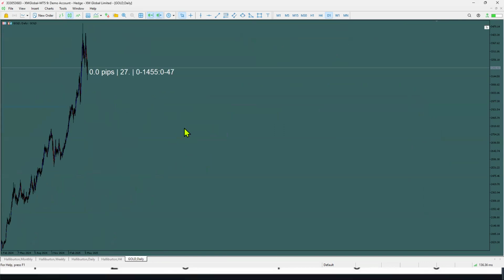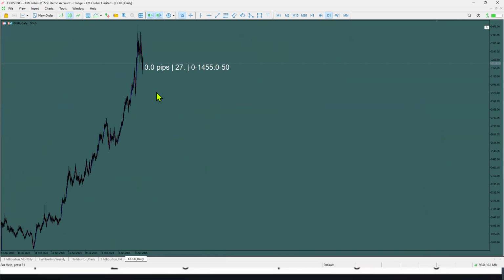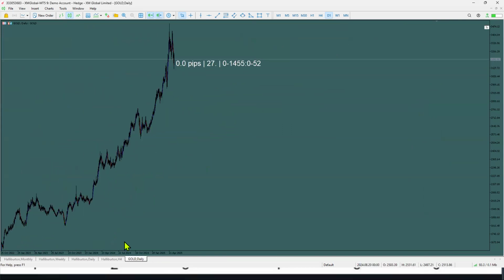So I want to show you how effective the Fibonacci worked on that gold.